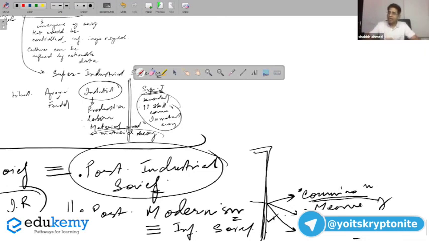Our measure of wealth, how we measure wealth. When you are a feudal society, you measure wealth in terms of land. When you are an industrial society, you measure wealth in terms of industrial output, in terms of capital that you invest. In information society, you measure wealth in terms of knowledge, data, skills, and so on. And a very important third element which has changed is our social relationships.